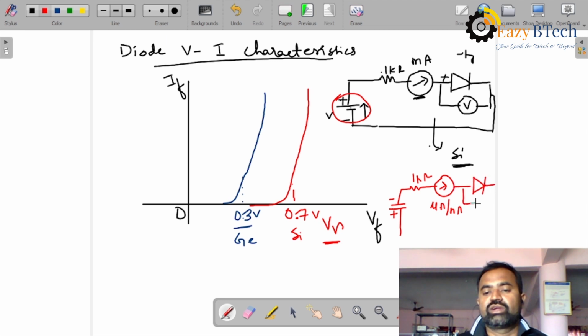Diode and voltage across the diode. By increasing this voltage, now here negative is connected to positive. Now note down the reading of this ammeter current and the voltage drop across the diode.